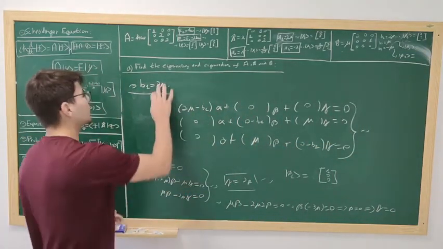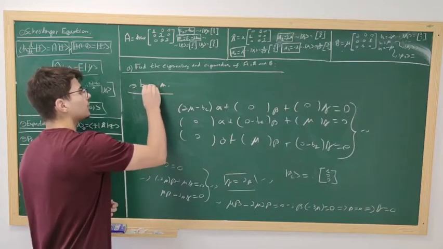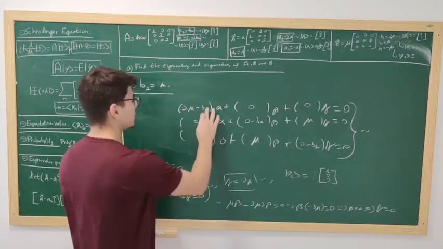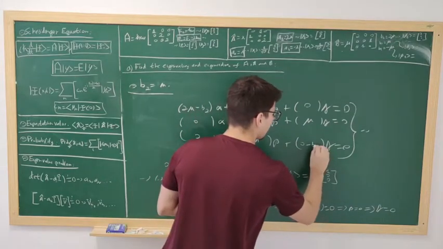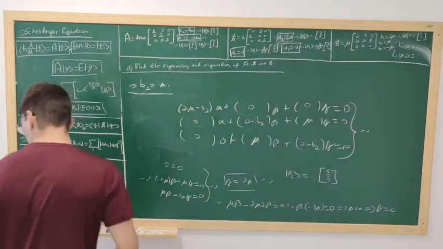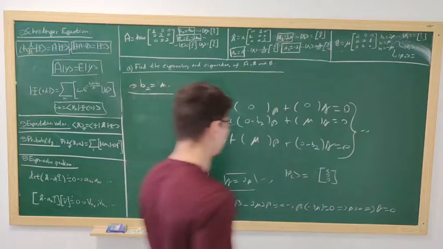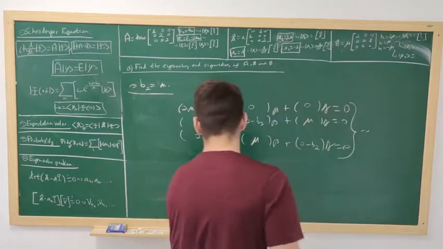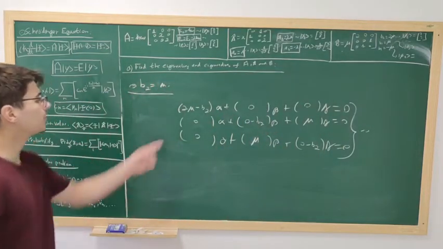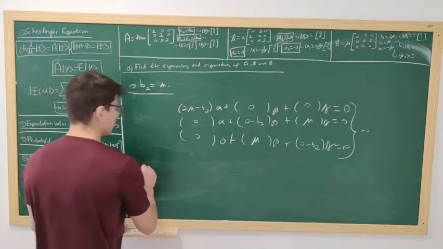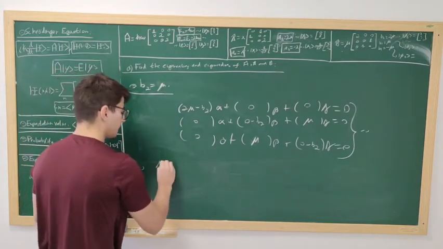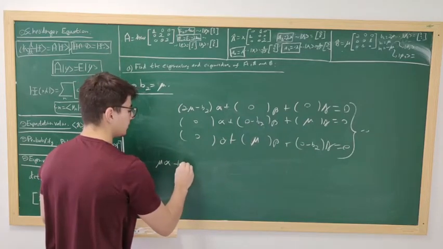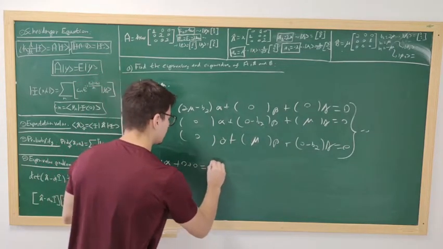Well, to find the eigenvector corresponding to b2, which is just mu, we have b2, b2, and b2. So 2 mu minus mu is just mu alpha plus 0 equals 0.